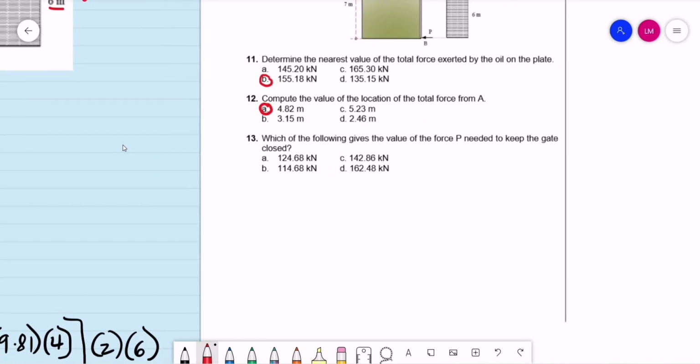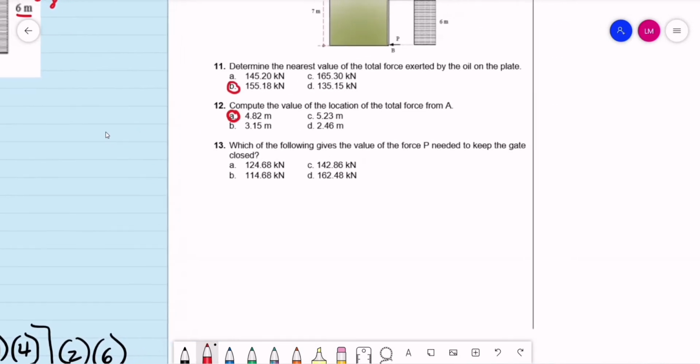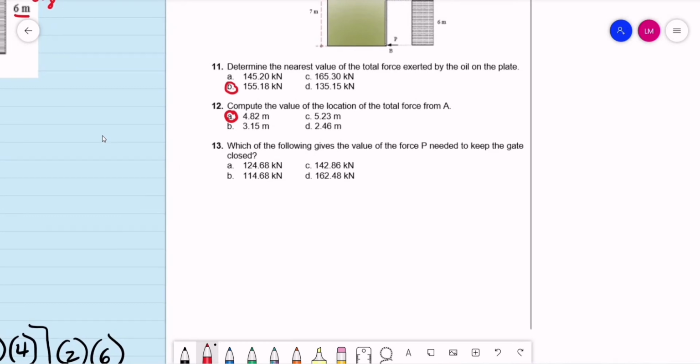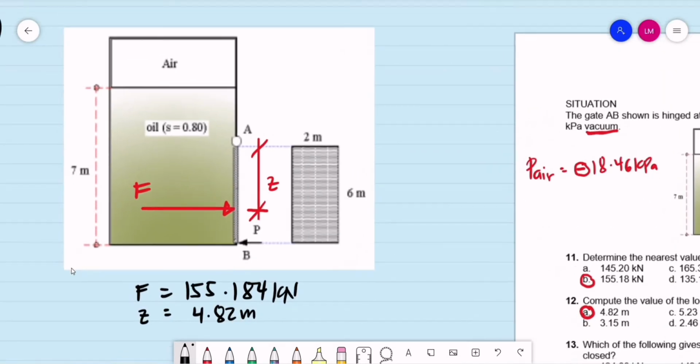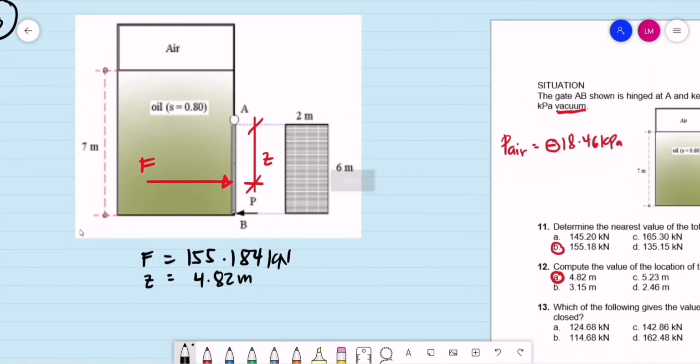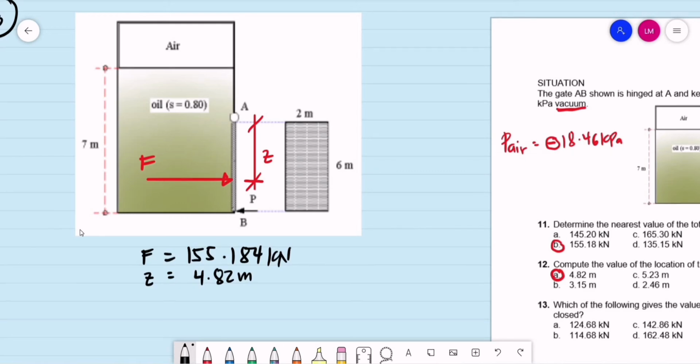Which of the following gives the value of the force needed to keep the gate closed? Okay, so kung babalikan lang natin yung figure, ito yung force natin na na-compute natin sa question number 11, yun yung 155.184 kilonewtons.